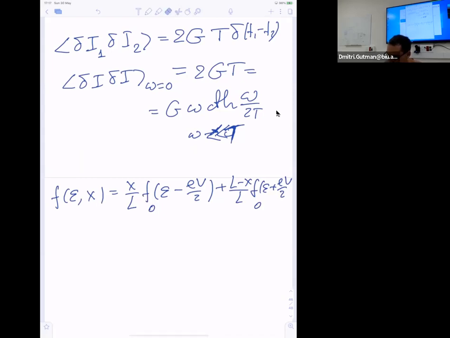So now assume that voltage is much larger than temperature.